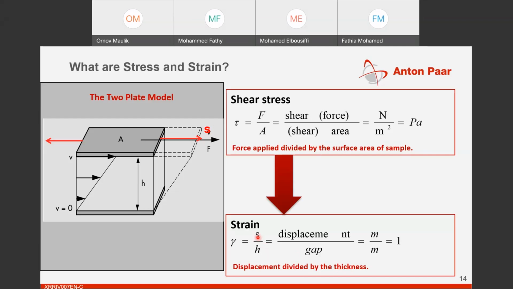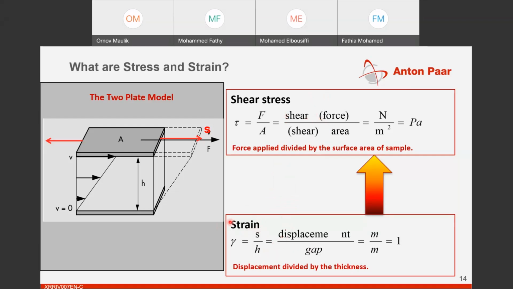Now, whenever we talk about a rheological measurement, it can be either stress control, where we control the stress and measure the strain, or strain control, where we control the strain and measure the stress. The best way to measure any rheological sample is controlling the strain, that is, controlling the deformation, and measuring the stress.